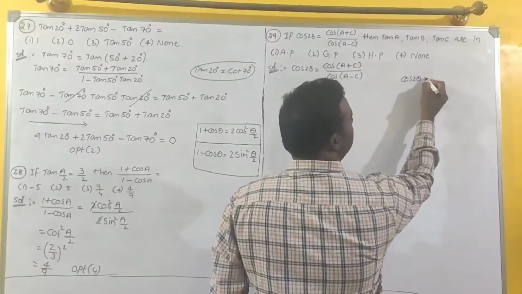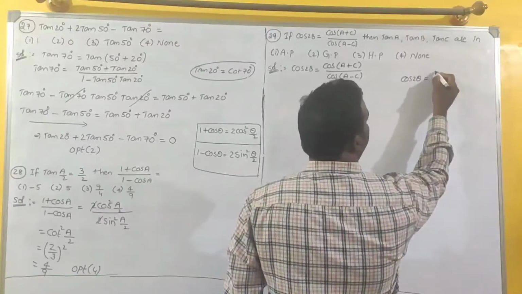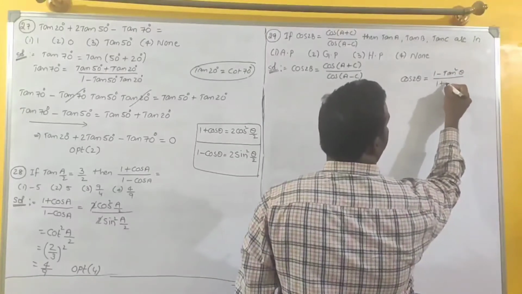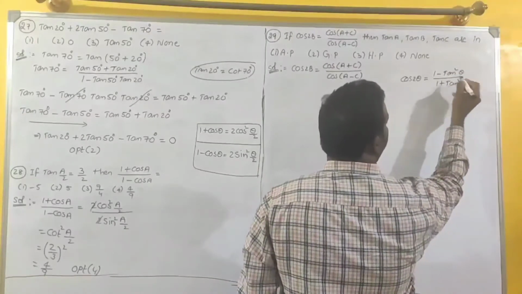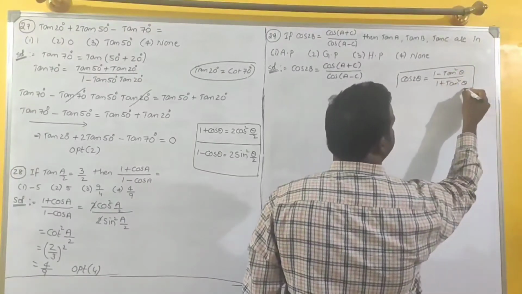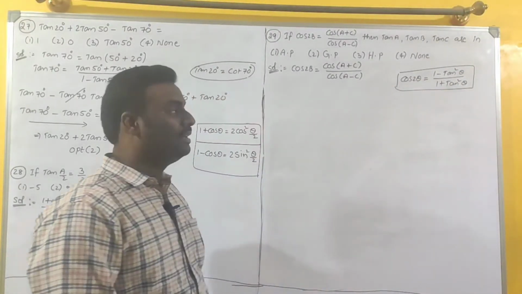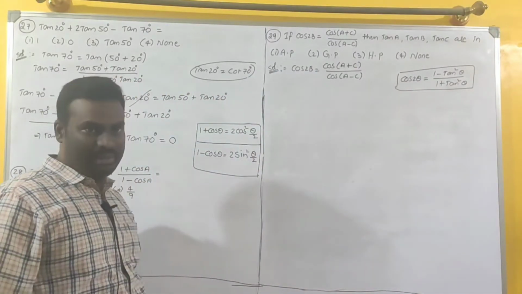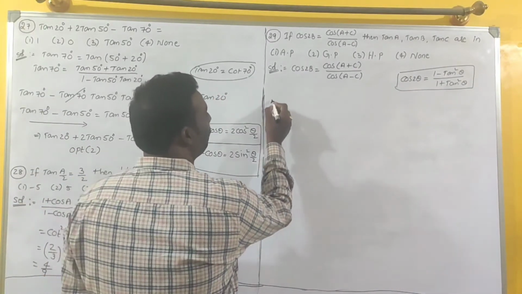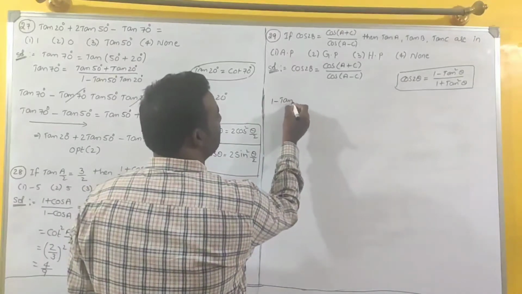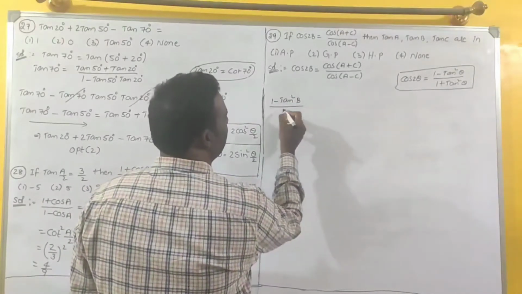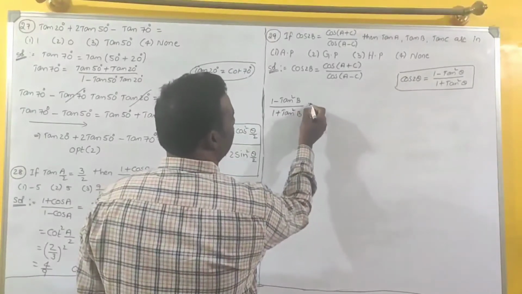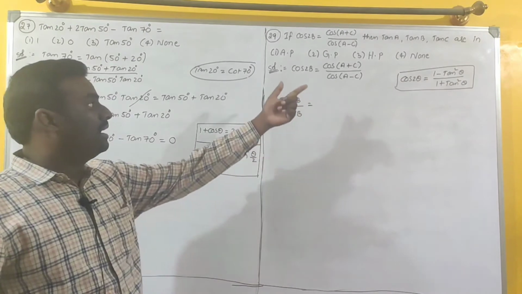Cos 2 theta is equal to 1 minus tan square theta by 1 plus tan square theta. This is the formula for cos 2 theta in terms of tan. In place of theta, what do we have? B. That is 1 minus tan square B by 1 plus tan square B. Now the numerator, which formula?